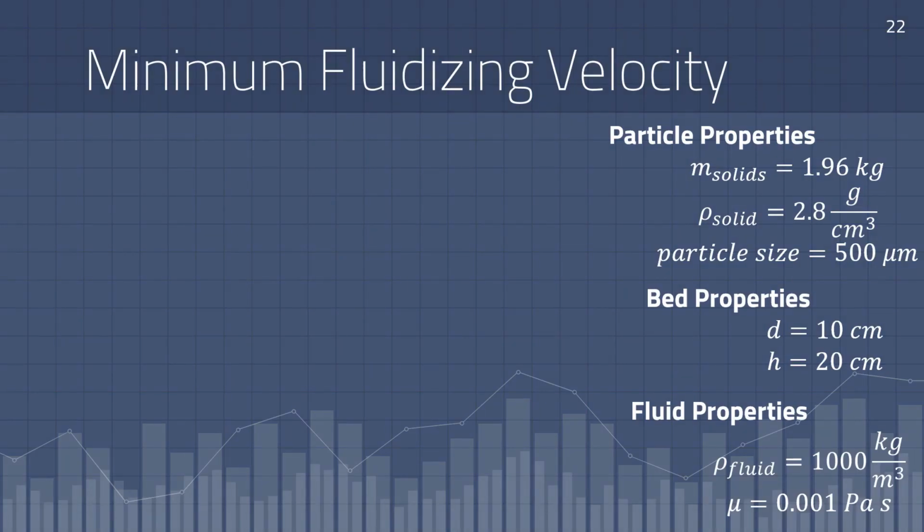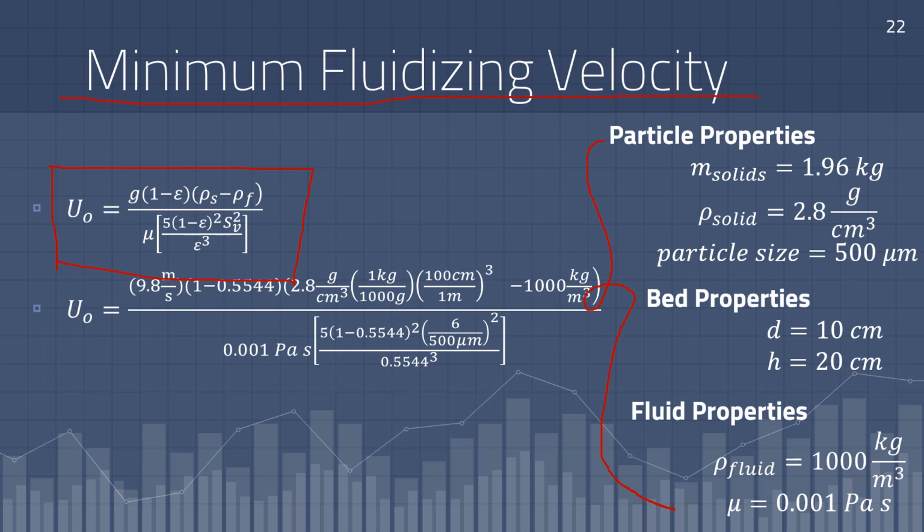Since the necessary values were already solved, we can now calculate for the minimum fluidizing velocity, where the properties are summarized on this side of the screen. So the formula for this is given by our derived equation from before. By direct substitution of the known values to this formula, we will arrive at this very lengthy equation.